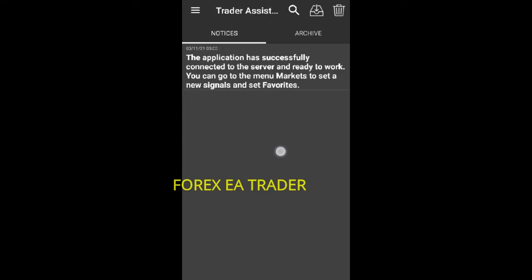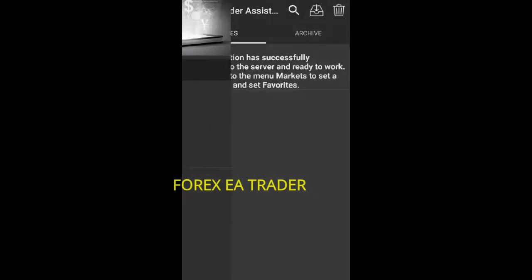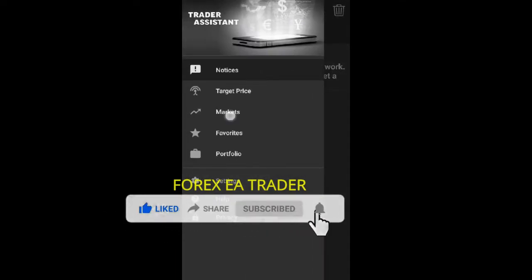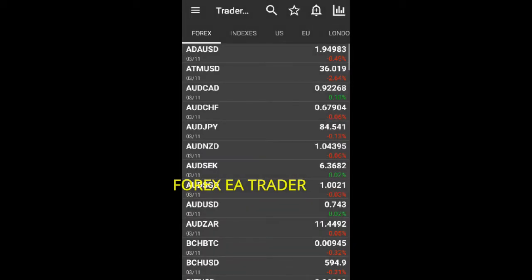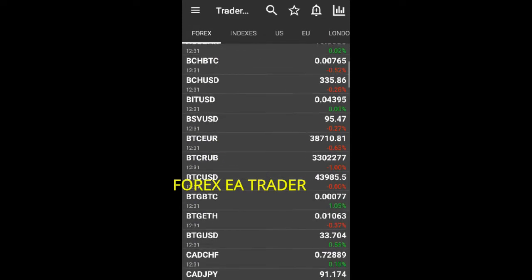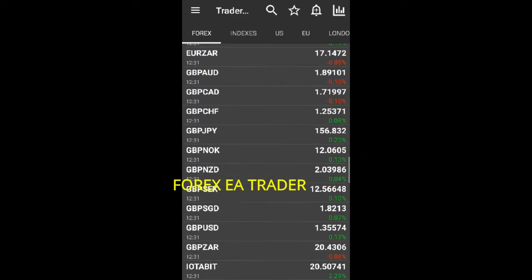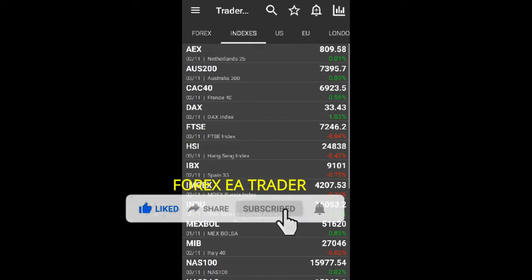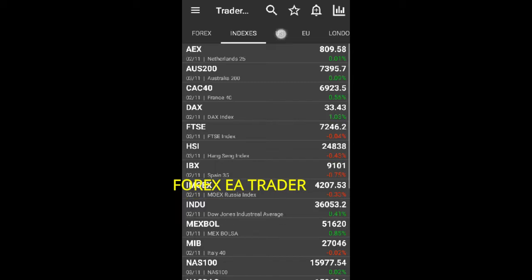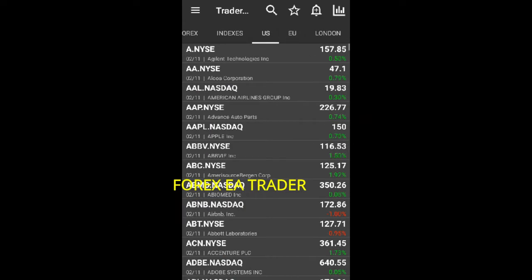So we are in the application, we logged in, and we come here and we go to markets. Now you can see they've got various forex pairs or whatever that people are trading. They've got indices, or you can filter them by only having US indices there, or I think it's US stocks.